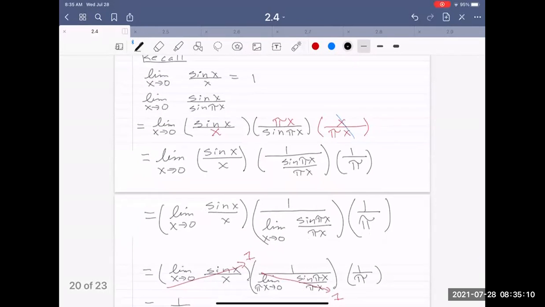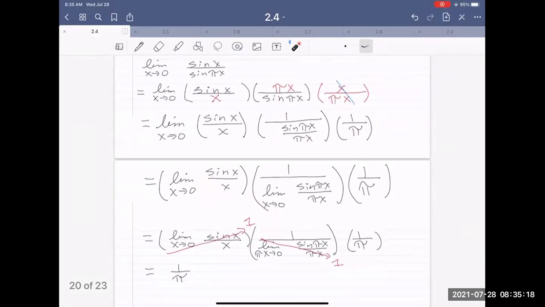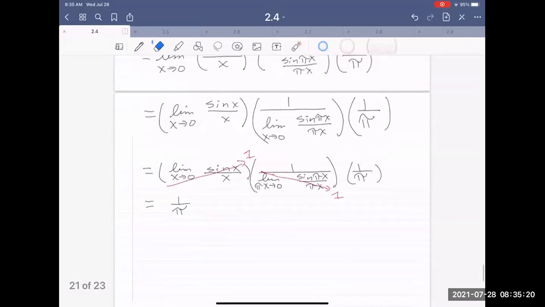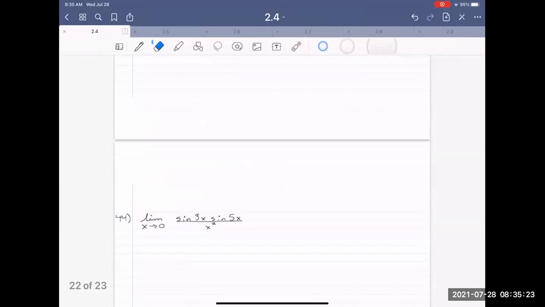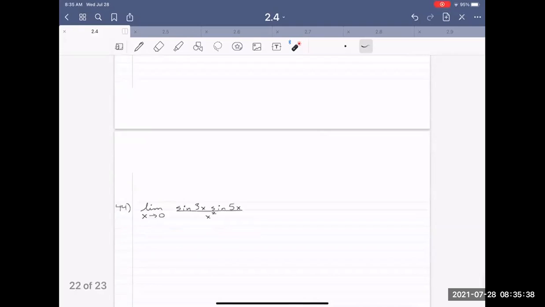So the idea is just to sort of rearrange it so that you can use what you already know to evaluate your limit. Well, do the same thing. Problem 44. Limit as x approaches 0, sine 3x times sine 5x over x squared.